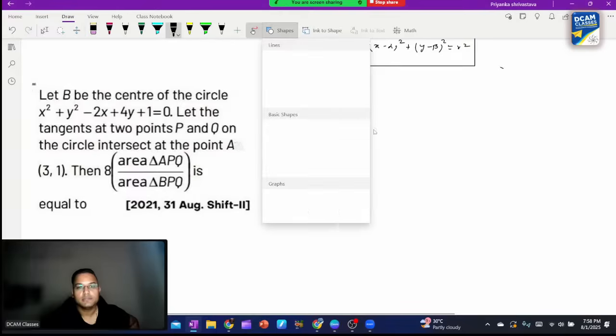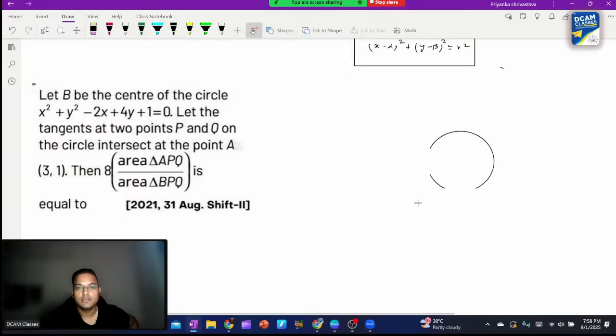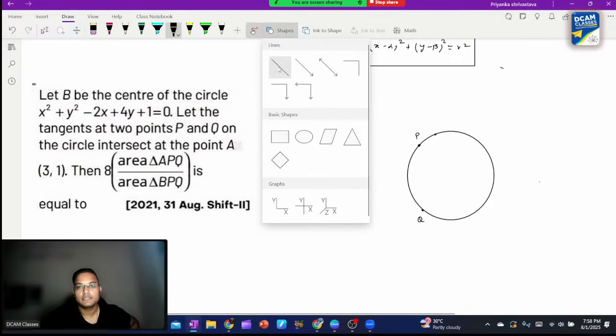See, the diagram is, this is our circle whose equation is given. These are two points, one is P and the other is Q. Draw the tangents here.